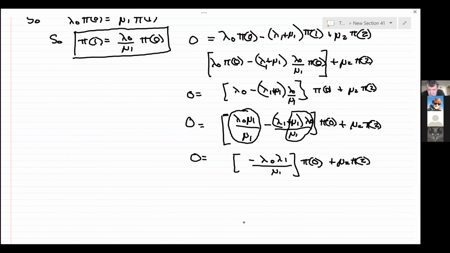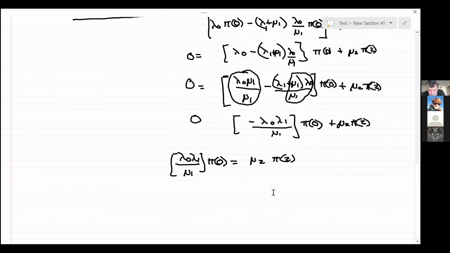If we just bring the first term to the other side, we'll have lambda 0, lambda 1, all over mu1, all of that times pi0, and on the right side we just have mu2 pi2.